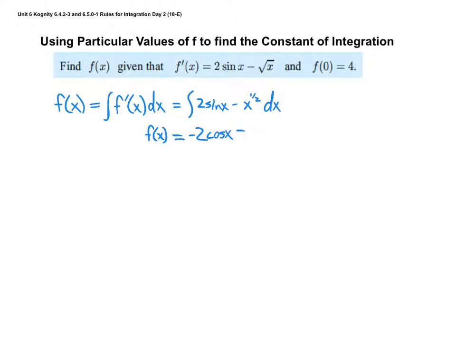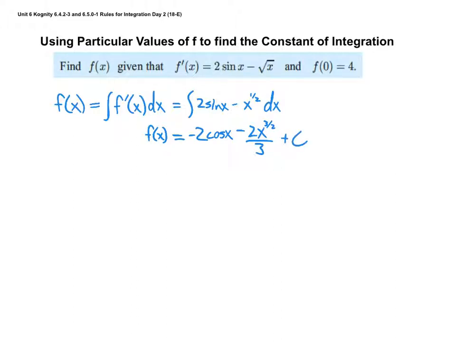Isn't it 2x to the 3/2 over 3? Perfect, yes. Okay, it's x to the 3/2. You have to divide by 3/2 so you can flip and multiply. So it's 2/3 times x to the 3/2. Okay, and then we have plus c.